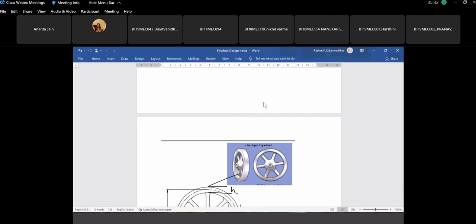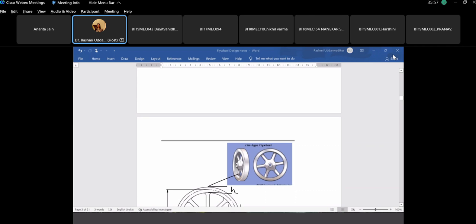How do you decide when to go for a rimmed or an armed flywheel or a solid flywheel, depending upon the diameter? So for larger diameter, we go for the rim flywheel. This is exactly same as the pulley design or the gear blank design.